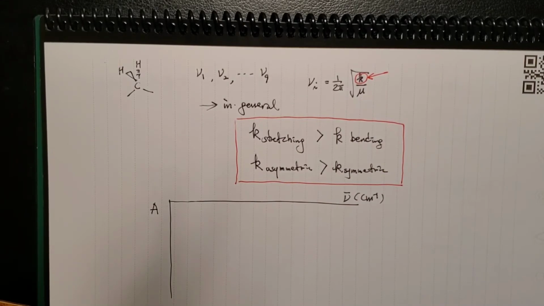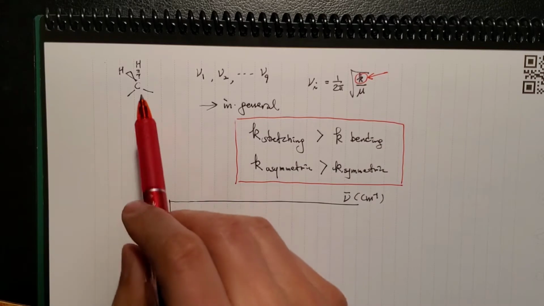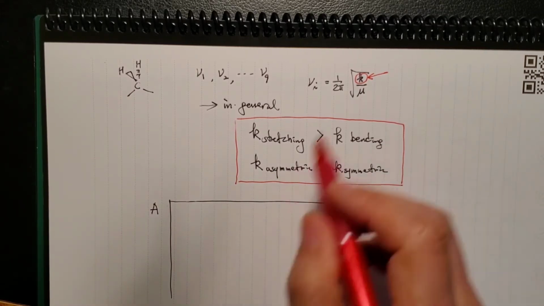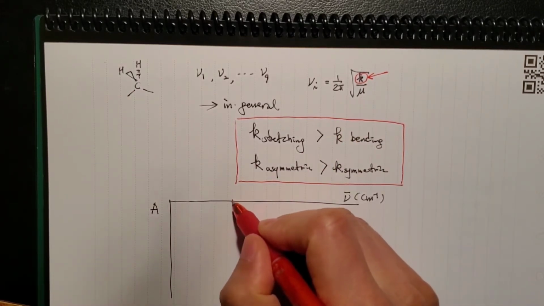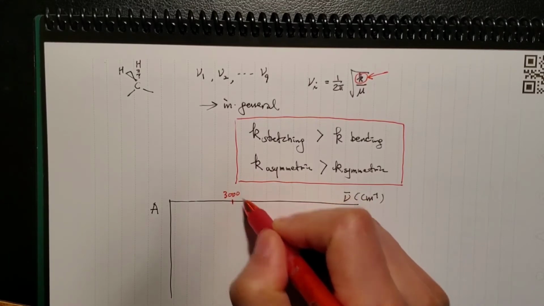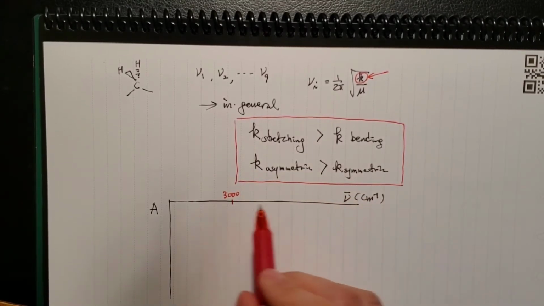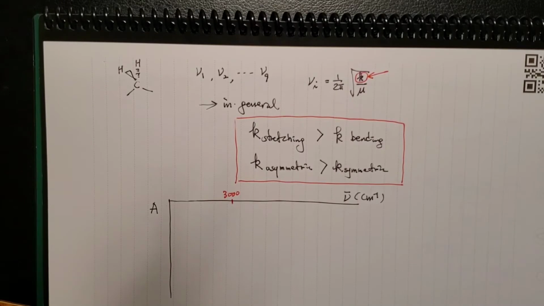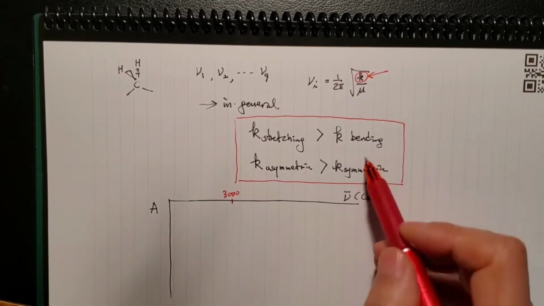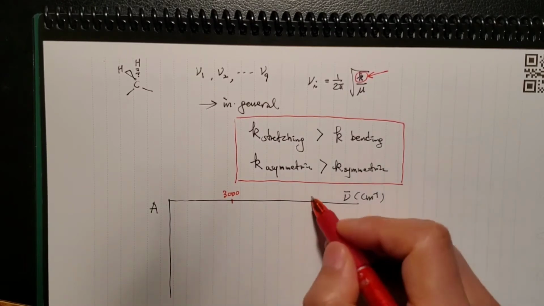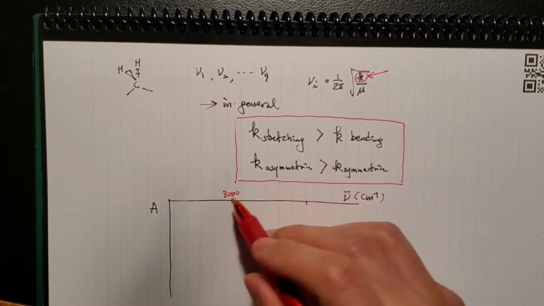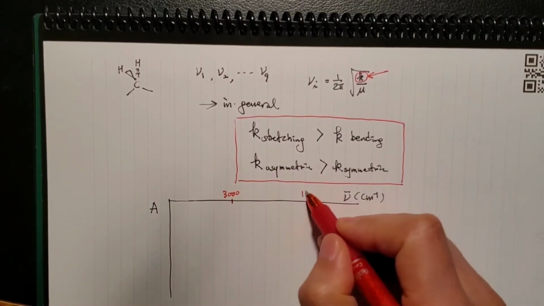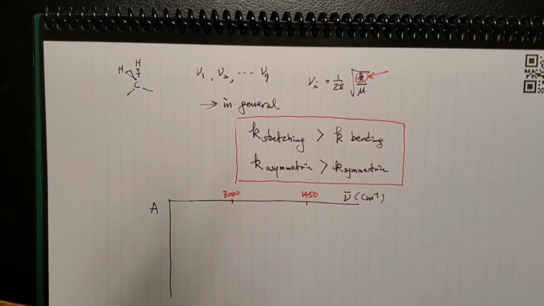So how high is it? For CHs, the stretching signal normally comes around 3000 reciprocal centimeter, plus or minus some number, depending on the situation. We'll talk about it soon. And for bending vibration, they normally come below even half of this value, 1450 to 1500, right?